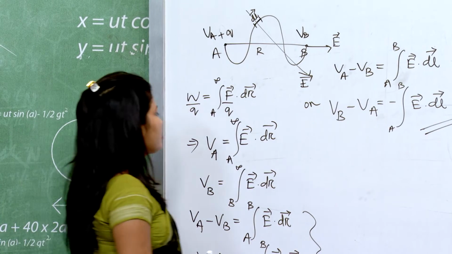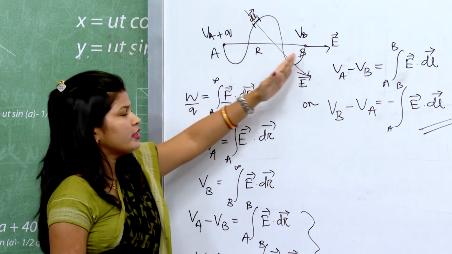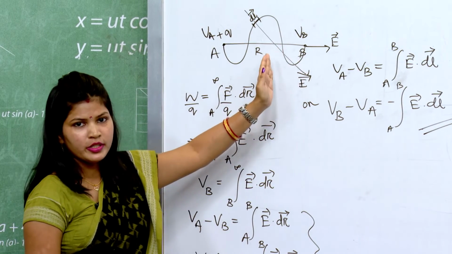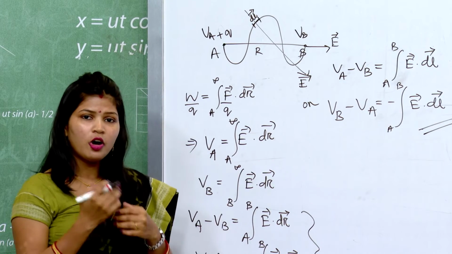So, when these charges go from A to B, that is from higher potential to lower potential, some energy will be released. How much energy?